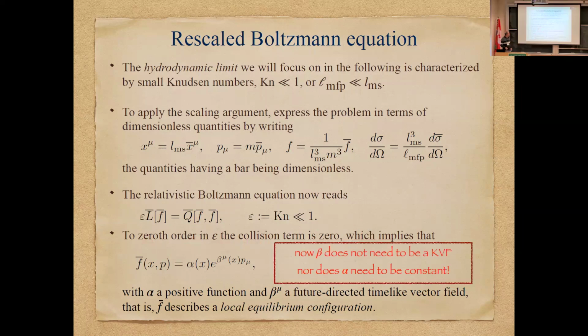But there is one important difference: now there is no left-hand side, since this epsilon is 0. So there is no restriction on alpha and beta. Alpha doesn't have to be constant, and beta doesn't have to be a timelike Killing vector field like before. It could be any timelike future-directed vector, and alpha just needs to be positive. This is what is called local equilibrium. For global equilibrium, alpha would need to be constant and beta mu a Killing vector field, but for local equilibrium, this restriction is relaxed.